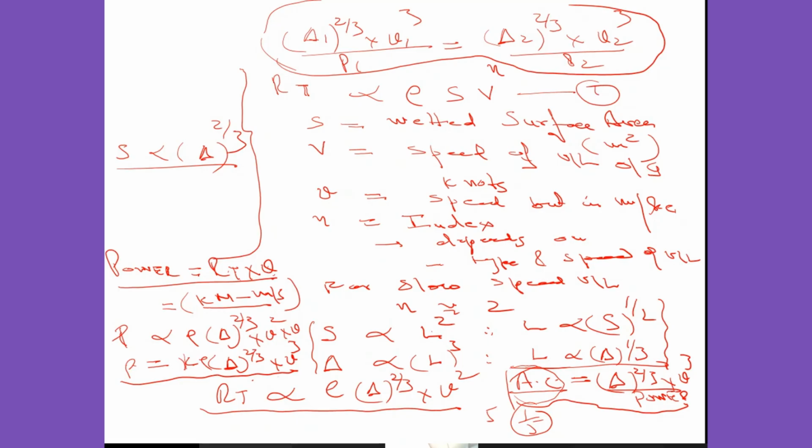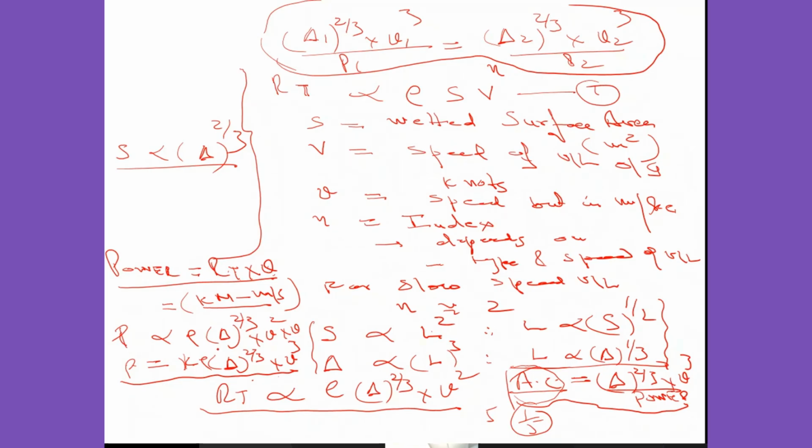So that is absorbed in AC. AC is a constant, the Admiralty coefficient. It is a constant. So all this has been absorbed in this because k is also constant and rho is also constant. Yes.